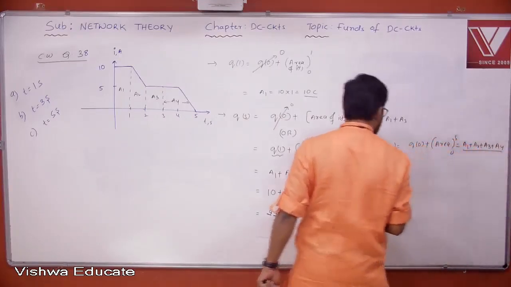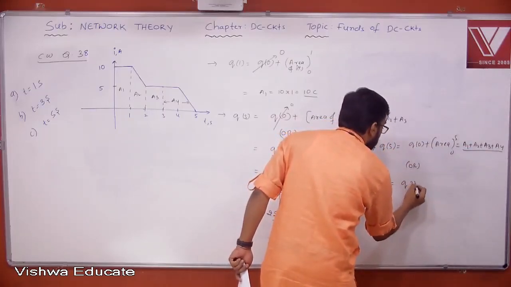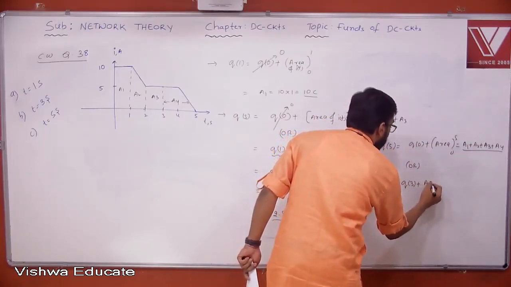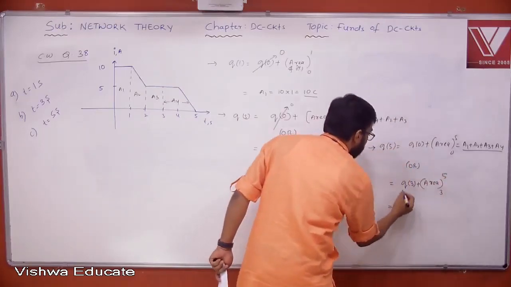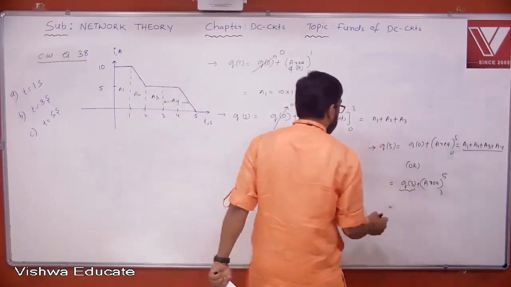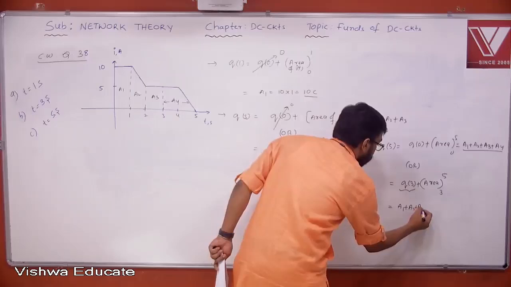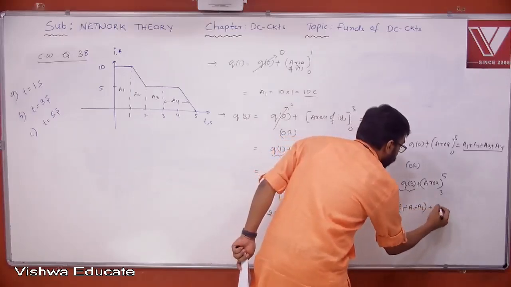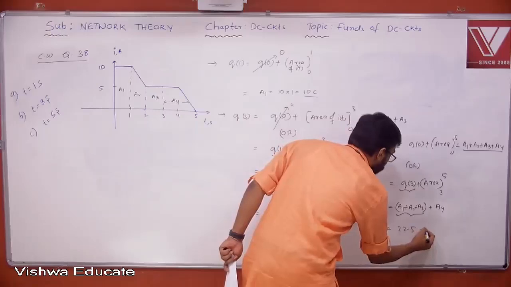That's it. Or else some people may write like this: Q of 3 plus area between 3 to 5. Why can't we write like this? But what is Q of 3? Already you know very well, A1 plus A2 plus A3. Then A1 plus A2 plus A3 plus A4. This value is already determined in this problem, 22.5.